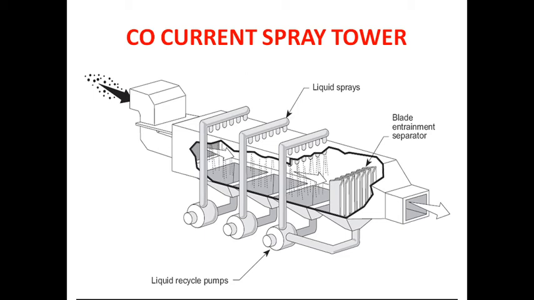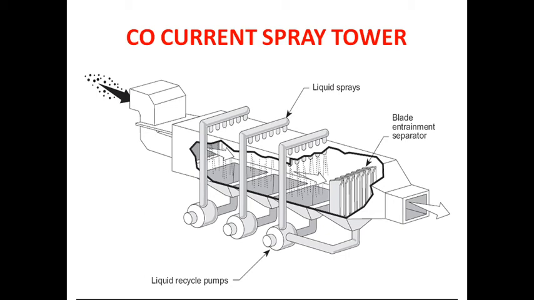What about the amount and quality of liquid? The amount and quality of liquid spray in each section can be varied, usually with the cleanest liquid sprayed in the last set of sprays.